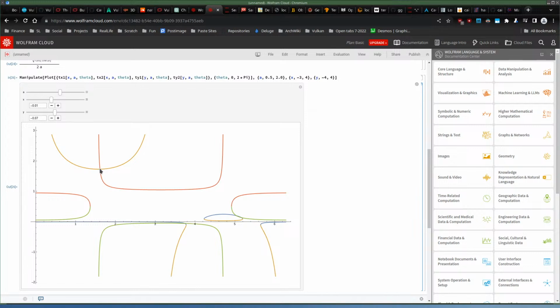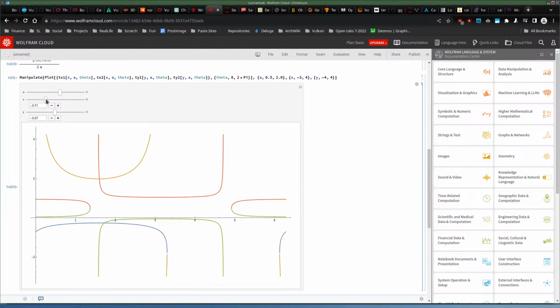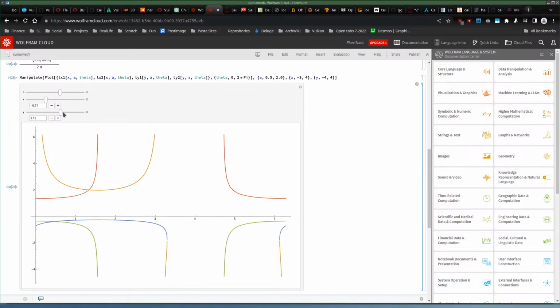So this is the one solution for one leg, and this is the solution for the other leg. And then we have 2 more crossings here near to the vertex or whatever. Let me make the x pretty negative and then the y a bit positive.